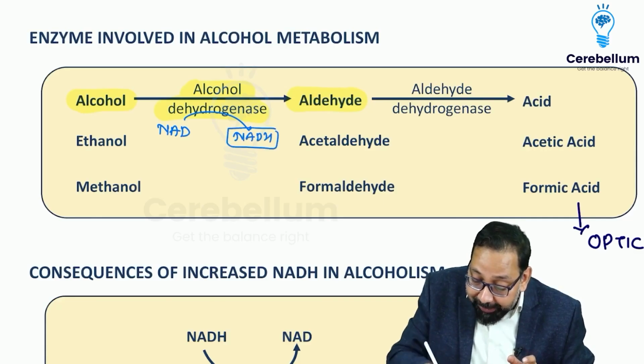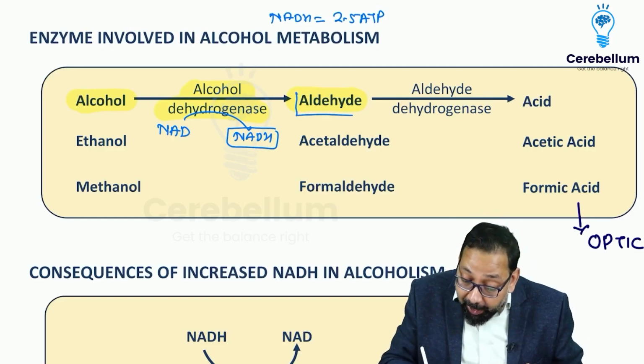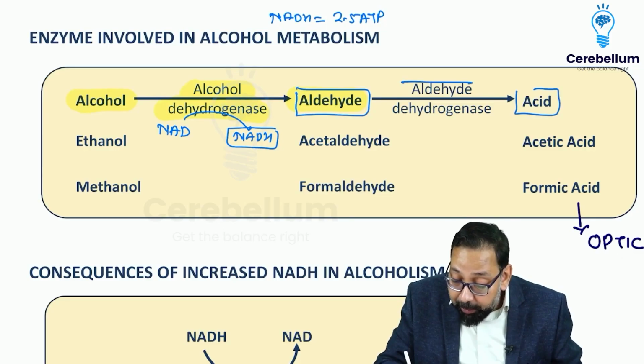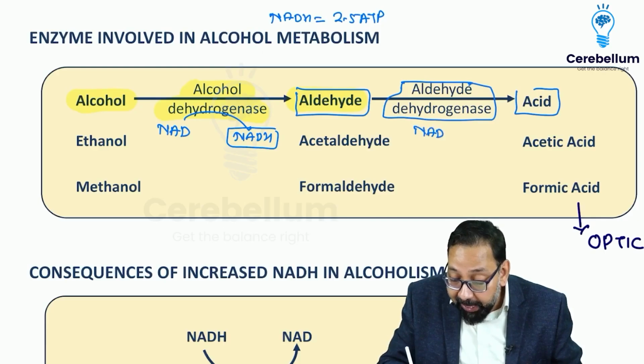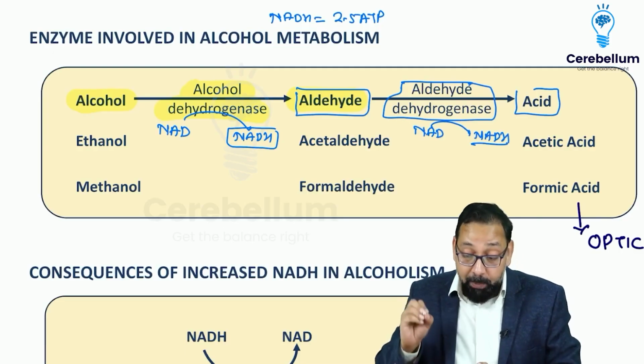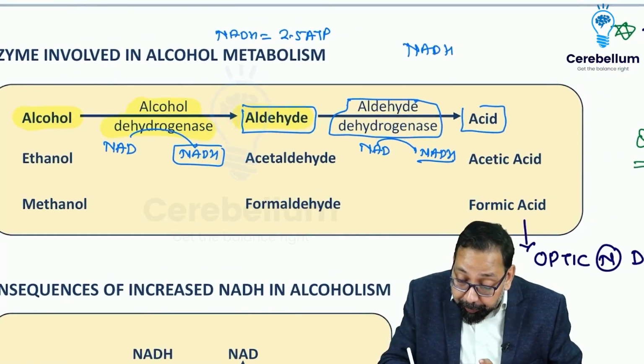And you know NADH enters the electron transport chain to produce 2.5 ATP. Then this aldehyde is further converted to acid by aldehyde dehydrogenase. Again, dehydrogenase: hydrogen is removed, taken up by NAD to form NADH. So in alcohol metabolism, when you take alcohol, NADH is increased.